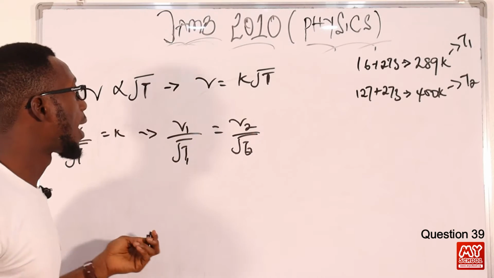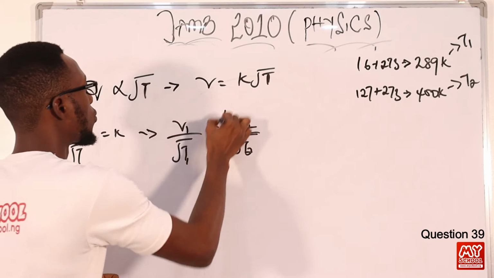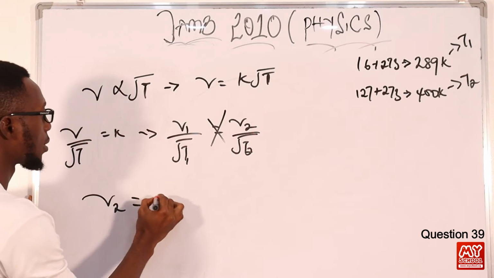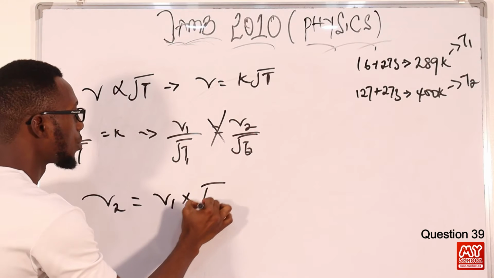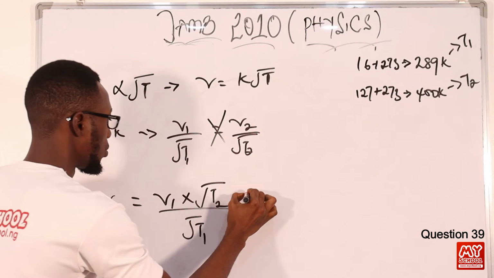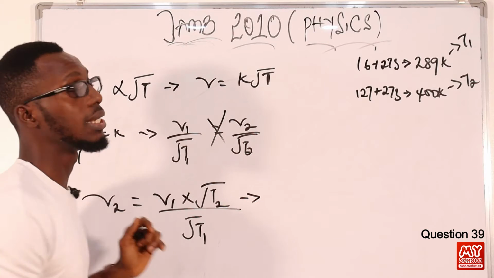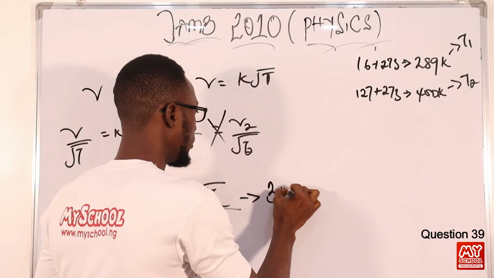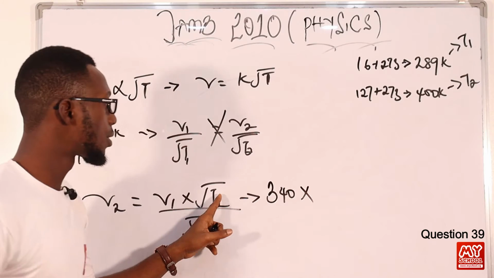So we are asked to look for V2. Making V2 the subject of the formula, V2 equals V1 times root T2 over root T1. V1 is given as 340 times root T2.